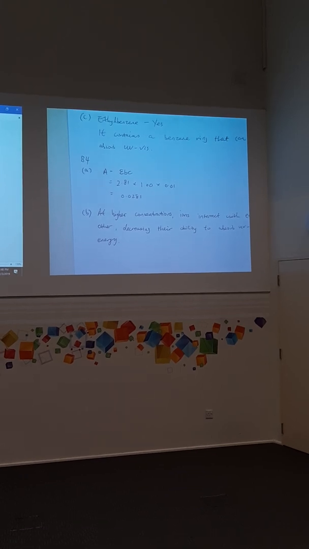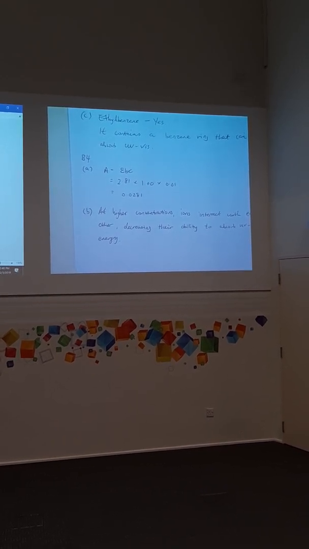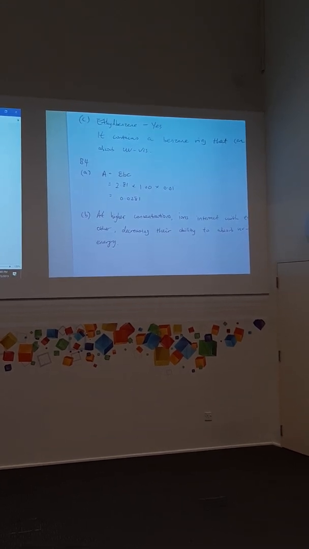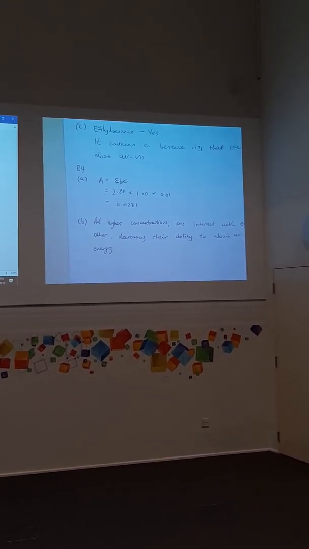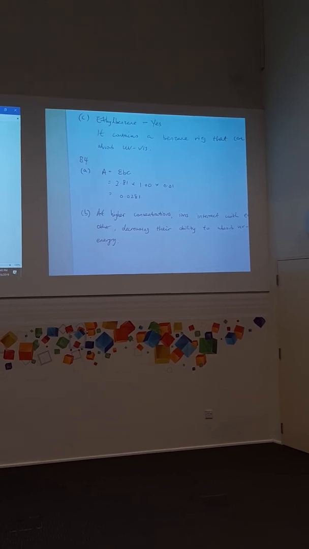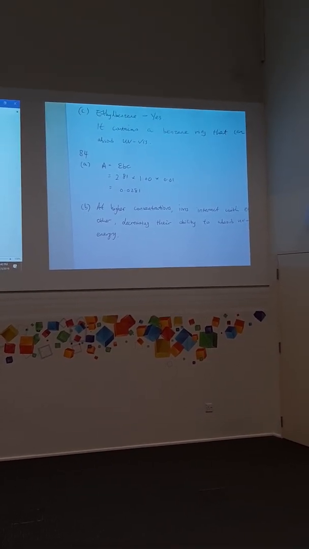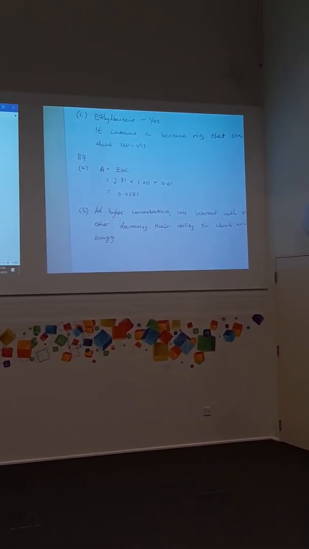It's because the quantification principle is based on the Beer-Lambert law. Absorbance is proportional to the product concentration, but that relationship is only valid in a low concentration range. Why?